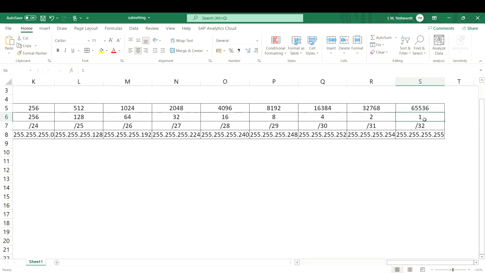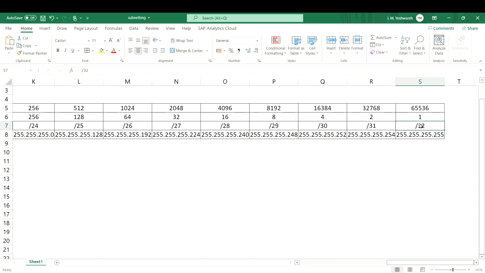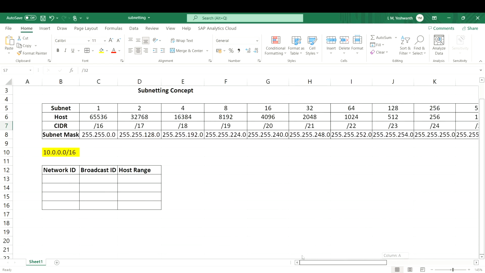It ends at 1. Next is CIDR. You just have to write /16, /17, /18 and all the way till /32. /32 is an exact IP address, so you can stop right there. You can ignore the subnet mask, but if you know it, it is very helpful and will help you a lot.